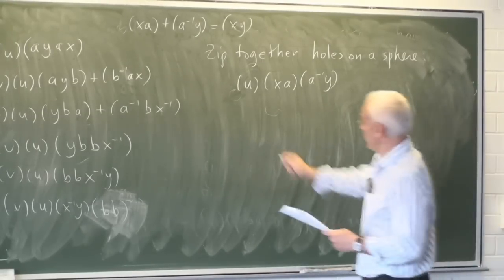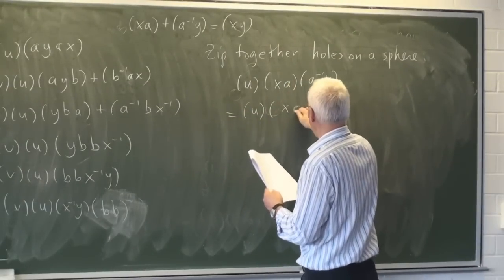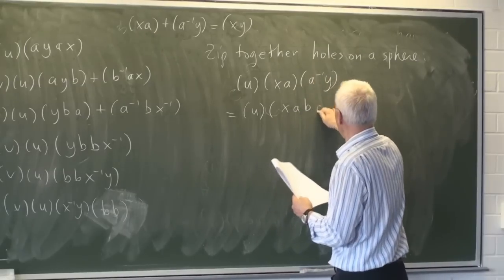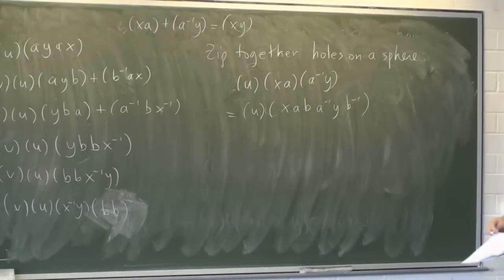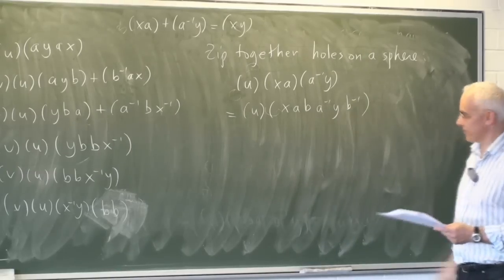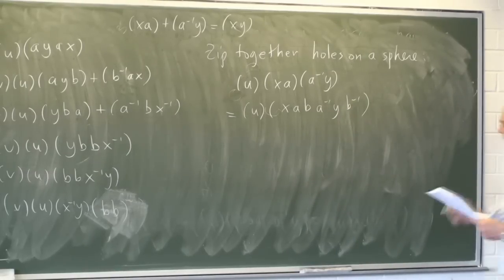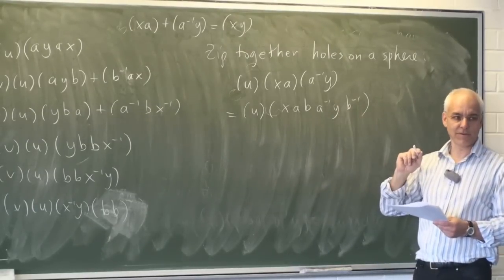Then what we can do is we can write this as U times X, A, B, A inverse Y, B inverse. That was another way of combining two holes by essentially creating an edge in between them, the new edge B. And now the idea is to manipulate this so that we get a handle out of it.